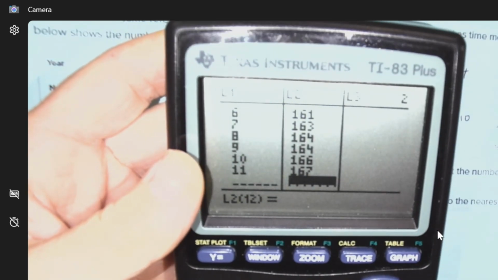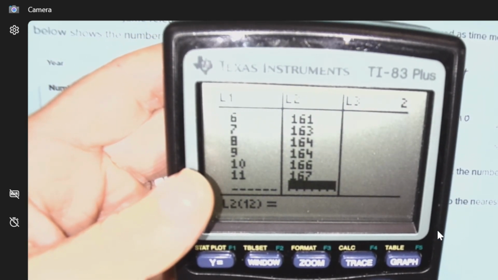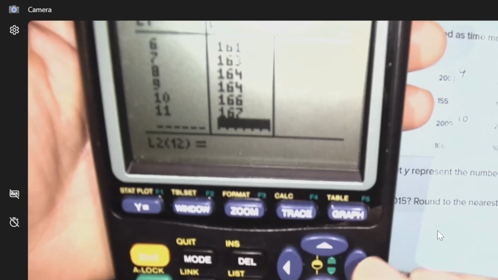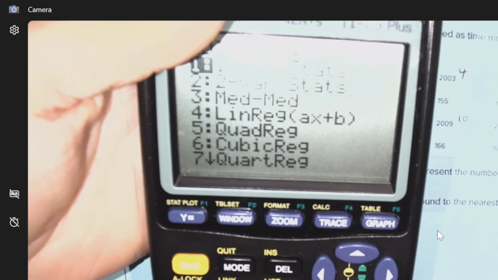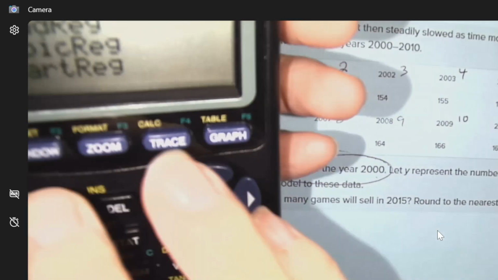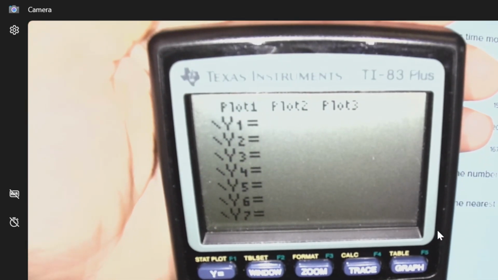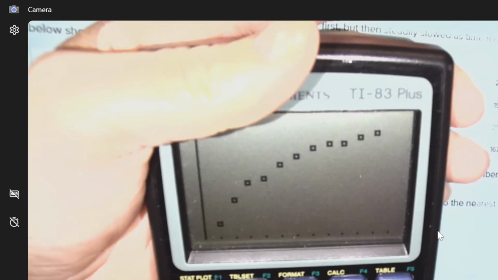Okay, so you're gonna have to do some stat edit stuff in your test. Okay, we're good. Stat calculate. Nope, no, I'm not there yet, just kidding. Let's go plot, activate, zoom 9.